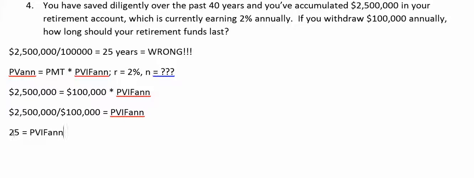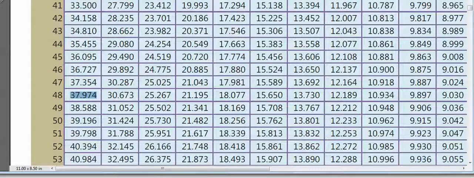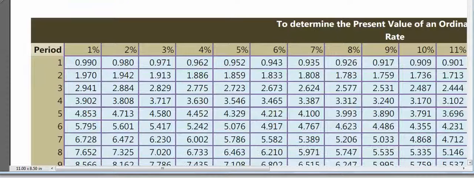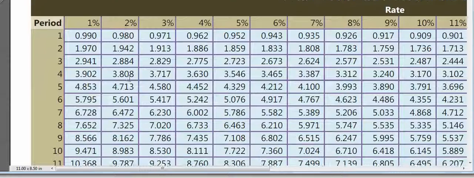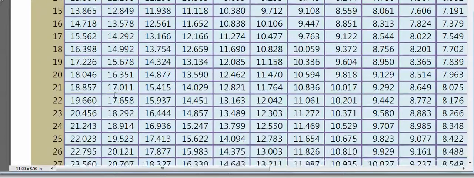So I go to my present value interest factor of an annuity file, and I go to a rate of 2%. I'm just double checking that it's the right interest factor table. So I go to 2% and I start scrolling down until I find an interest factor that's close to 25.